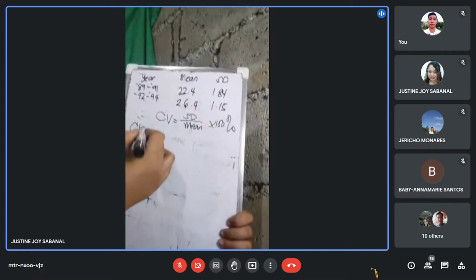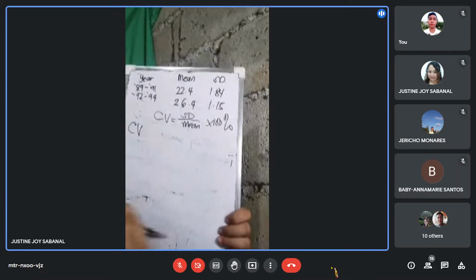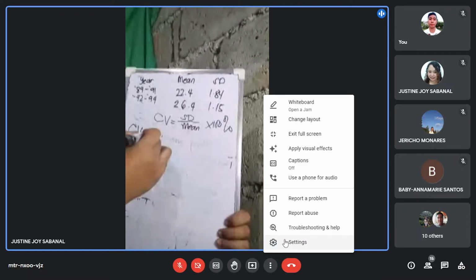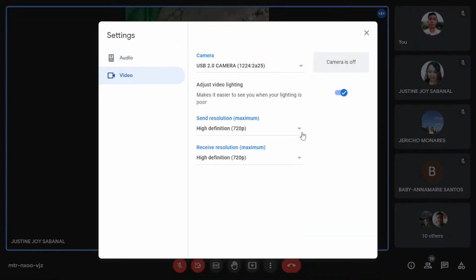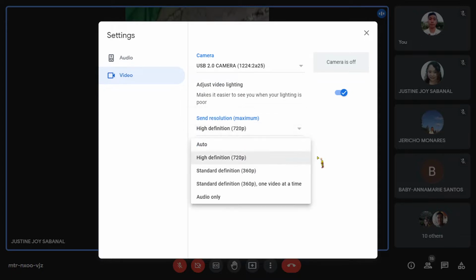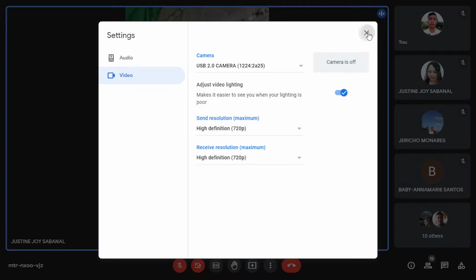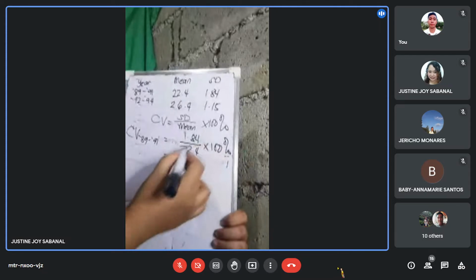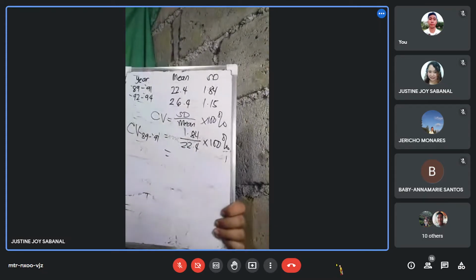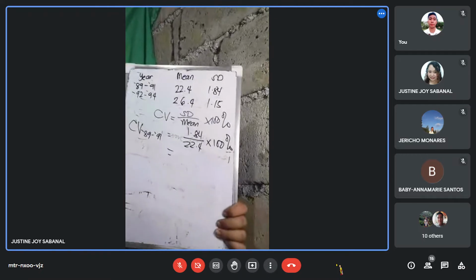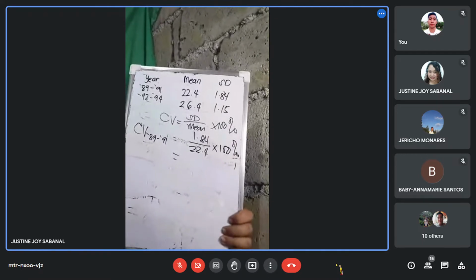So, if we're going to consider the values for period 1989 to 1991, so we have here 1.84 divided by 22.4 times 100%. So, paki-divide po ito, then 4 decimal places na lang po yung gamitin. So, ano pong value?